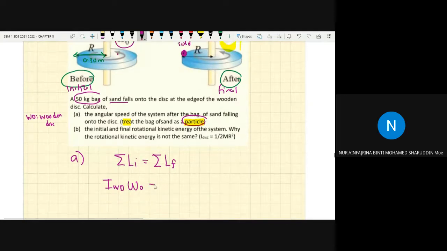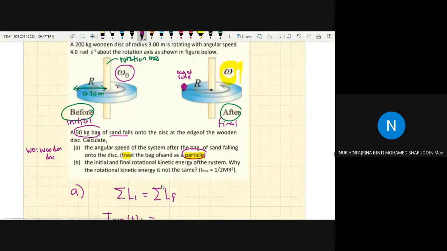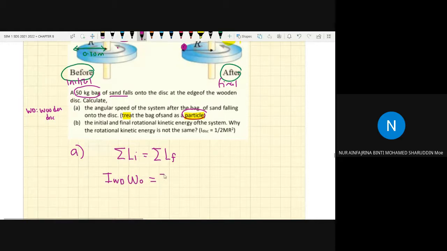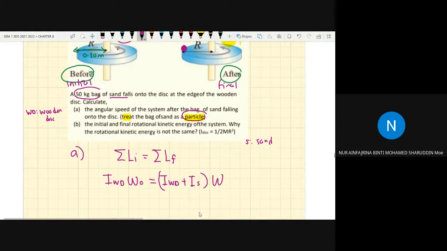Equals to sekarang awak dah ada bag of sand dan awak juga masih ada wooden disc. Jadi, dia adalah moment of inertia of wooden disc tambah juga dengan moment of inertia of sand. Miss buat sand je, SF ini adalah sand. So darab juga dengan final angular velocity. Okay, ini cerita dia.